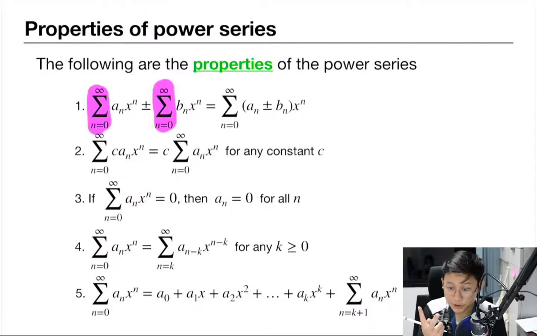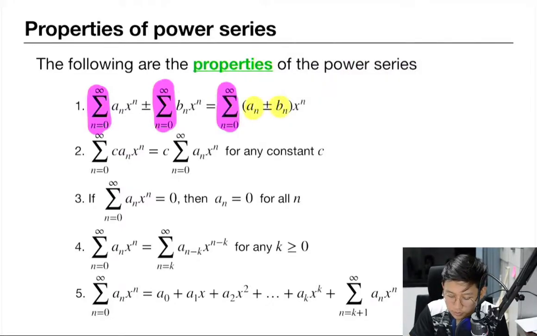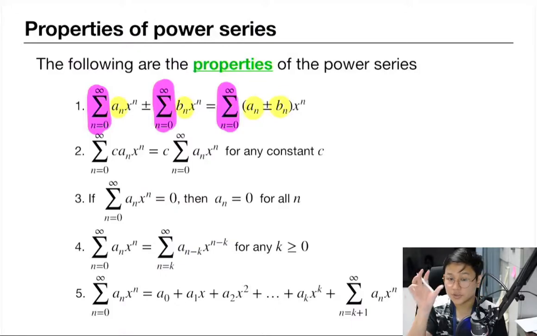You can take the sum out, and then you get the sum or the subtraction of anything an, bn.